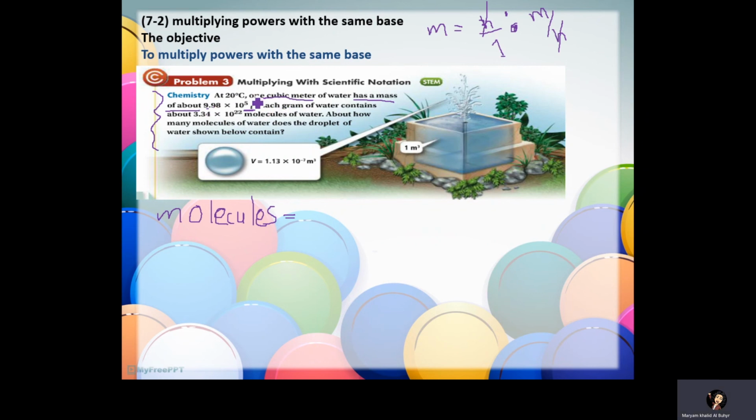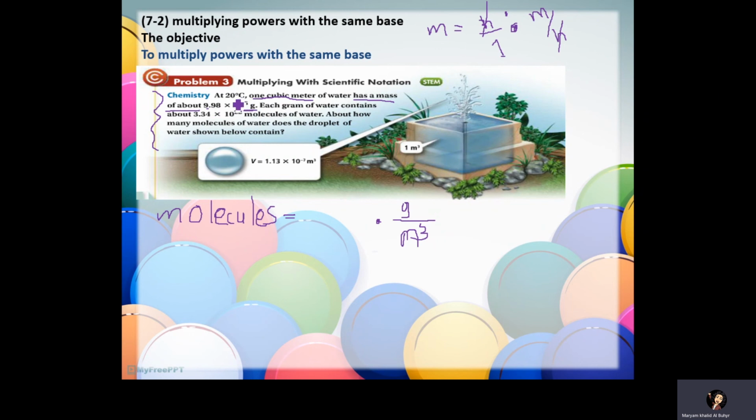So that's a unit rate, which means I'm going to write the unit for this quantity: gram, I will write G only, over cubic meter, I will write m cube.